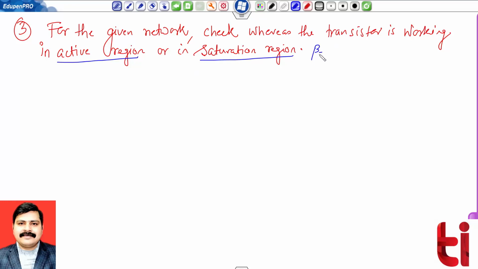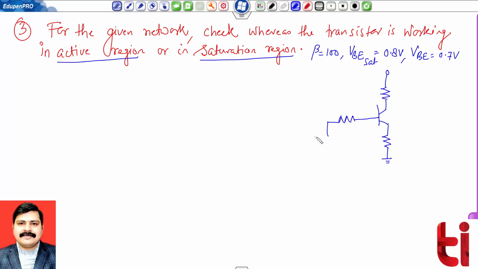The parameters are given as beta equals 100, VBE sat, if it is working in saturation region, is given as 0.8 volt, otherwise normal VBE is given as 0.7 volt. The circuit diagram is like this: collector resistance, emitter resistance, through one base resistance a 5 volt supply is connected.